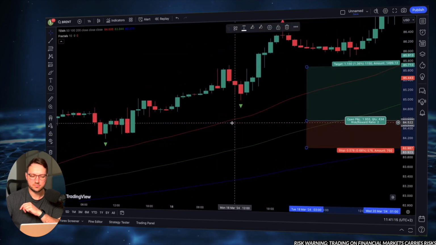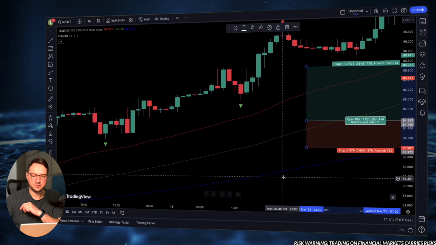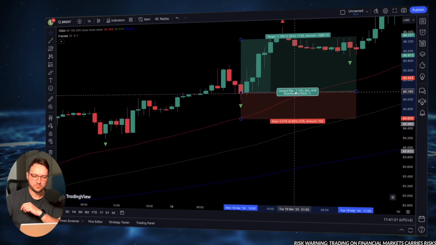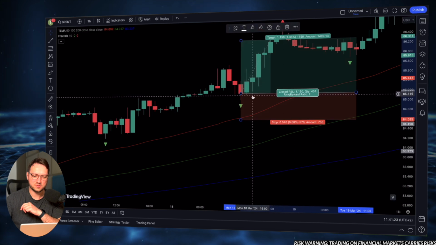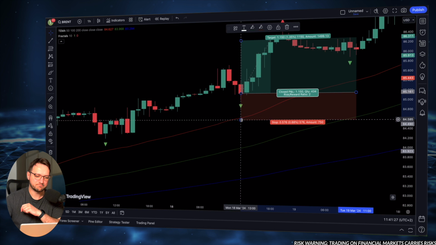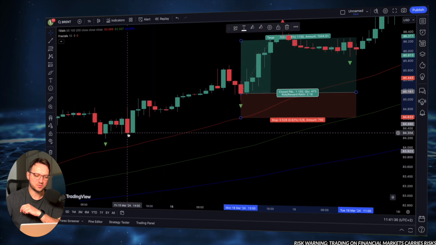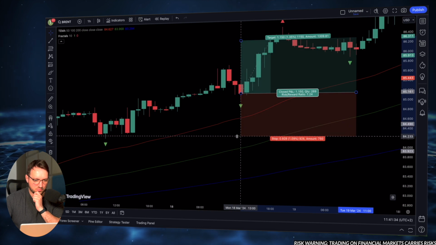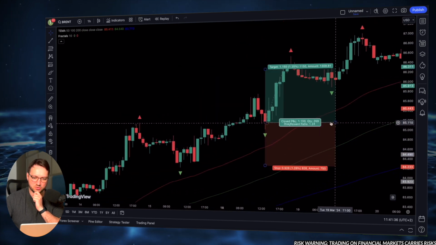Because again, the moving averages are in the correct order. Set it over here, the closing level of this candle. As for the stop loss, we could refer to this or to this. Let's check how this would turn out.